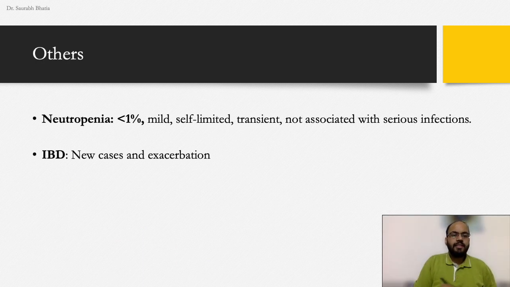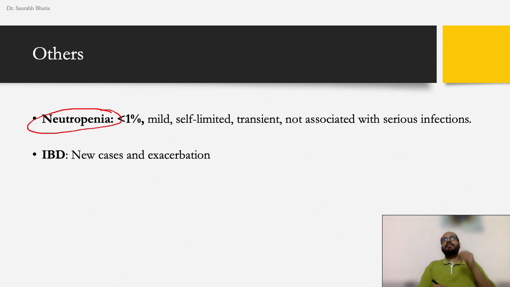Another specific side effect for secukinumab is neutropenia. Now, remember that interleukin 17 plays a very important role in movement of neutrophils in the body. You would assume that if neutrophils are not being taken out of blood vessels because of blocking of interleukin 17, it should increase the concentration of neutrophils in the blood.